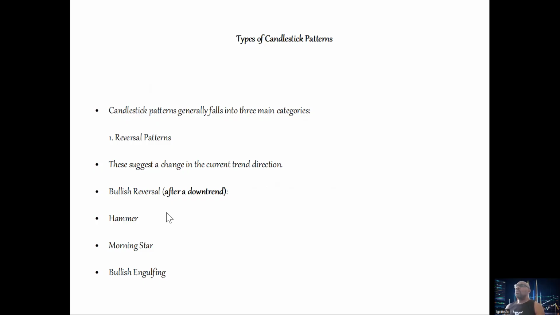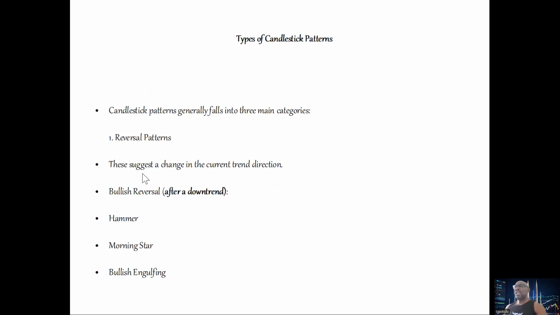Okay. We have types of candlestick patterns. Candlestick patterns generally fall into three main categories. Now we have the reversal pattern. Like I told us, once you see a formation at a particular place or a particular level, you just know that, okay, it's been buying, now I need to change my bias for me to start selling.